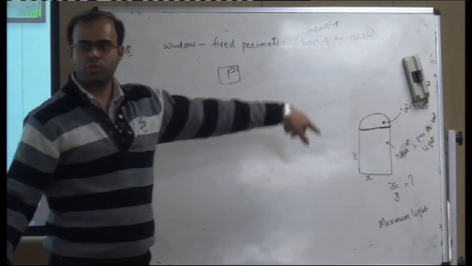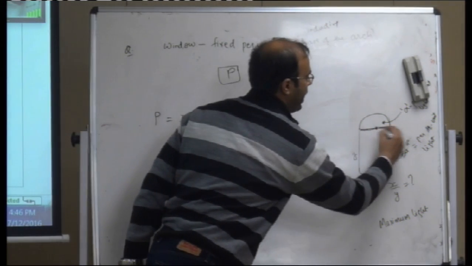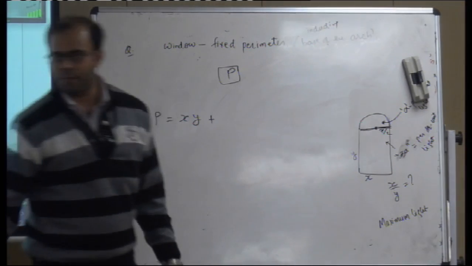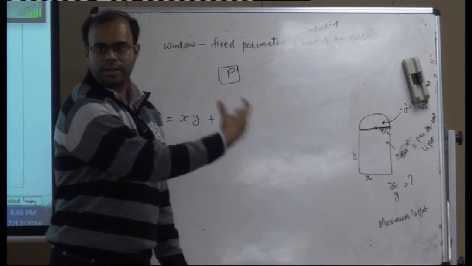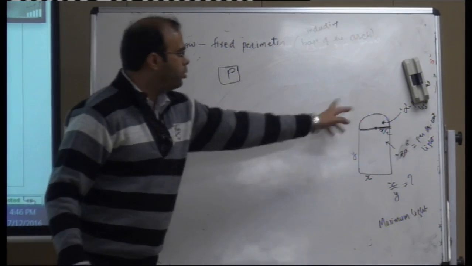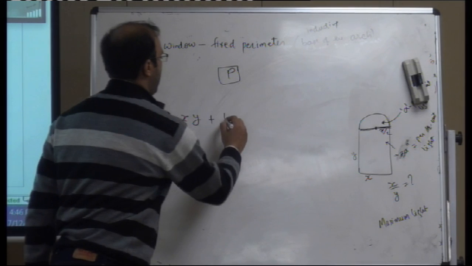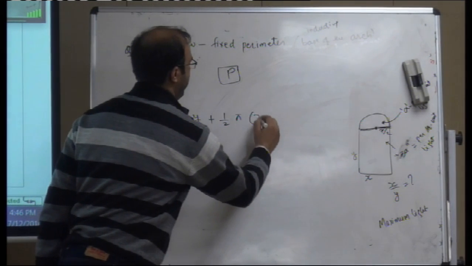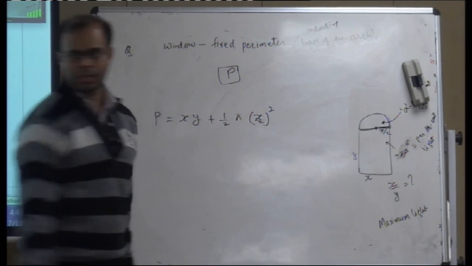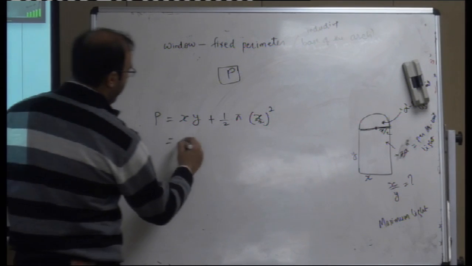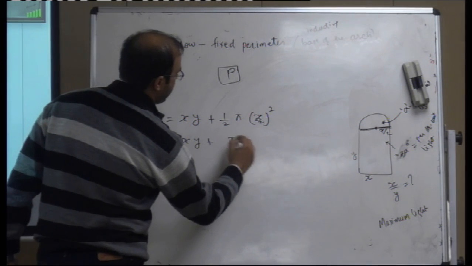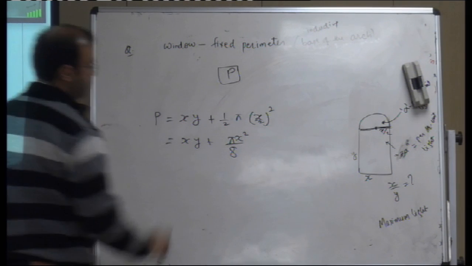This semicircular part has radius x by 2, half of the width of the rectangle. The semicircular area is half pi (x by 2) whole squared. Now this becomes xy plus pi x square by 8.